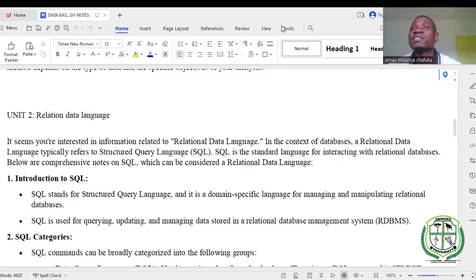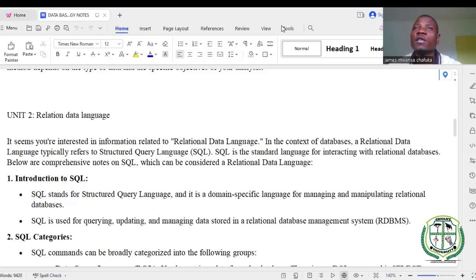And then there are some comprehensive notes on relational data language. Let us first look at the introduction of SQL. The introduction is based on what SQL stands for.